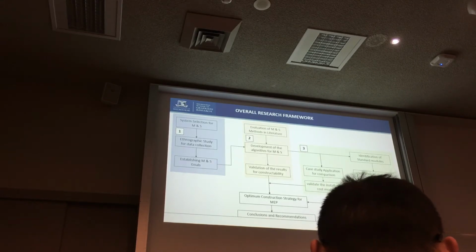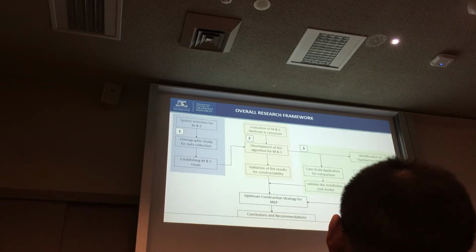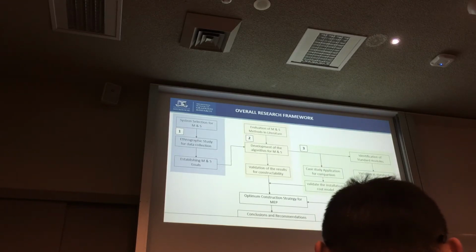That was the most important thing. In stage three, the algorithm is applied to a real-world case study where a comparison between modular and conventional is conducted, and then a validation of the installation cost estimation model is done through that.